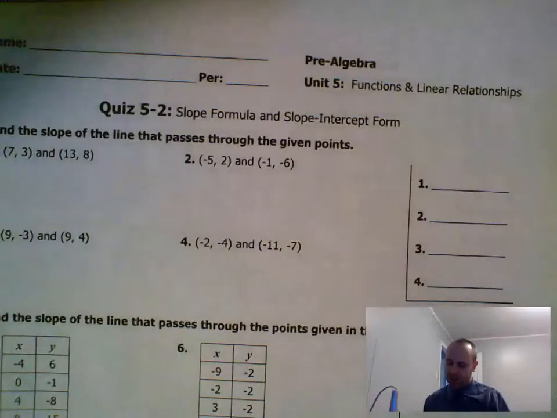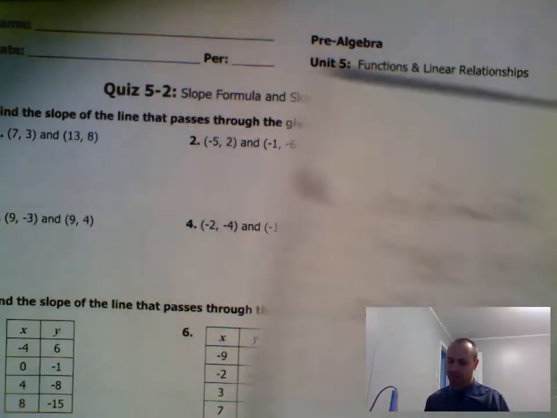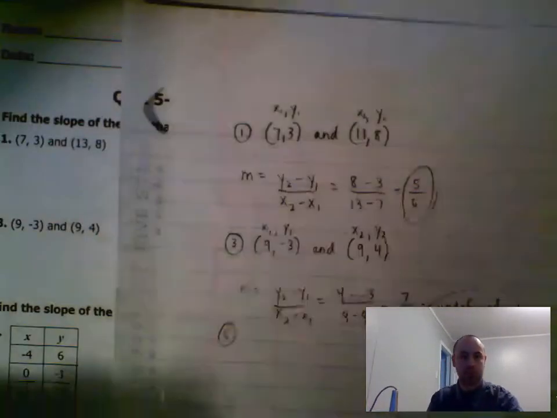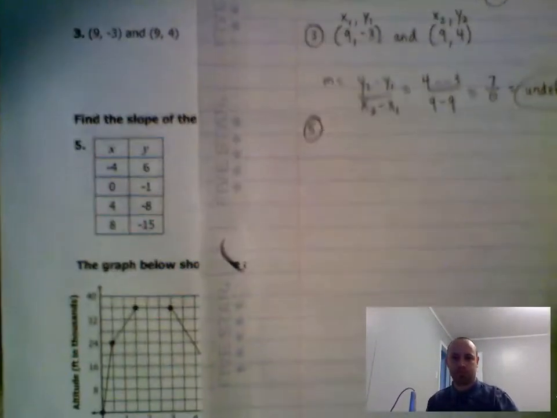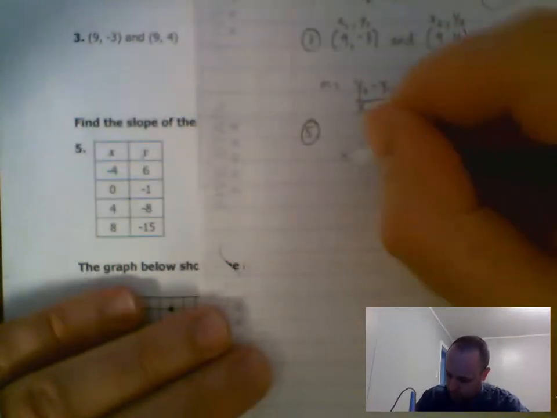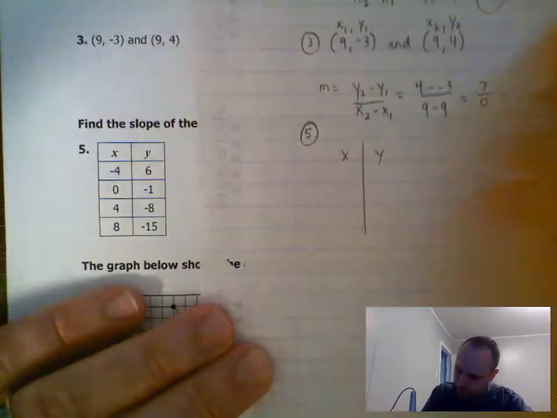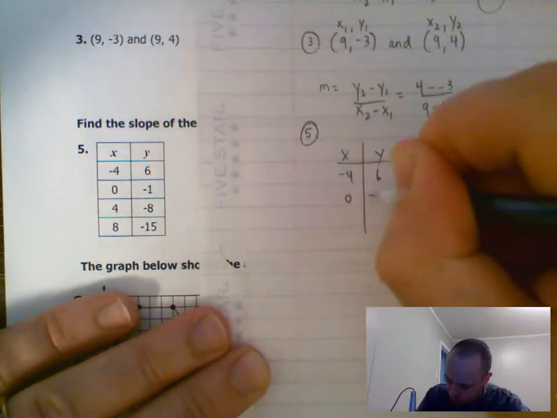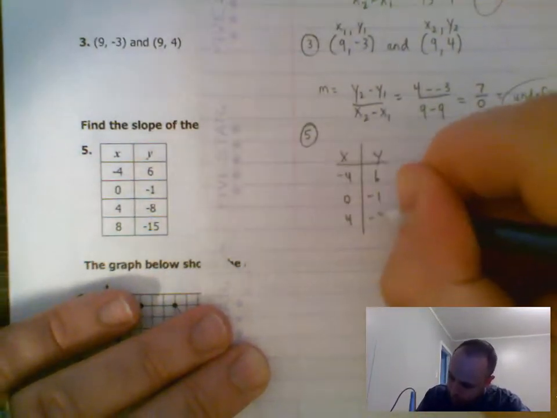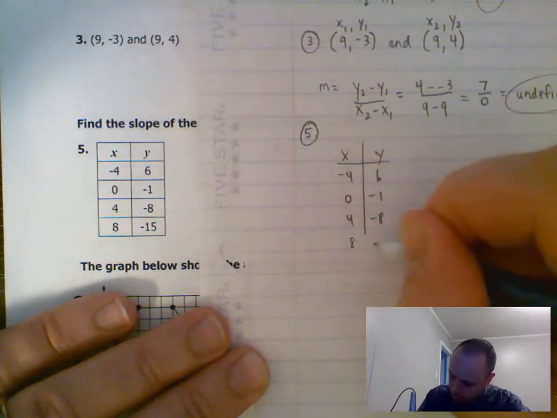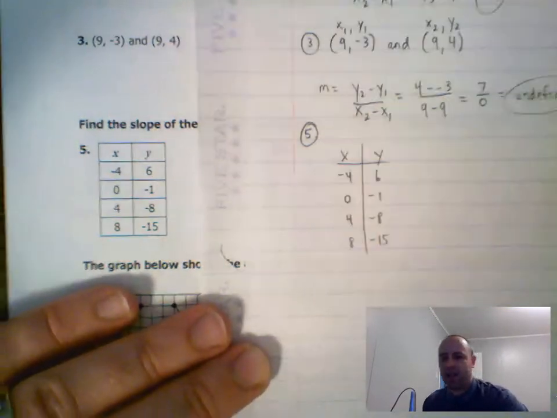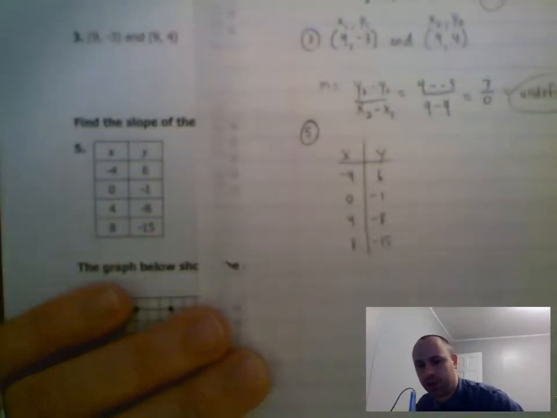Find the slope of the line that passes through the points in the given table. We can take any of these points.